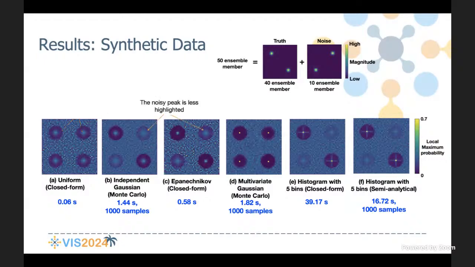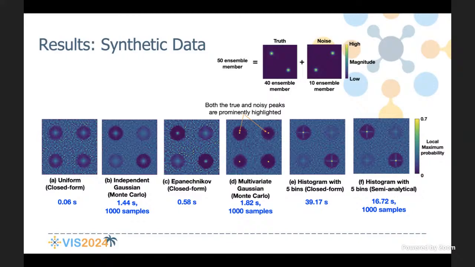However, when we move to Gaussian and independent histogram, suddenly we start seeing the desired pattern, where the noisy peaks are smeared out. Now, multivariate Gaussian was counterintuitive. It has been studied and proposed in multiple prior studies, but it showed all 4 peaks with high probability because it took into account correlation between data and outliers.